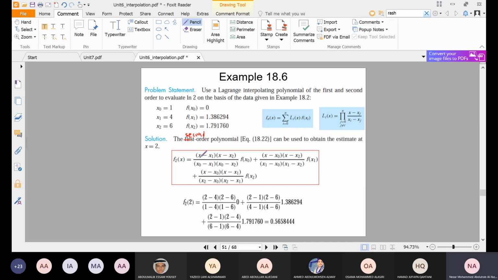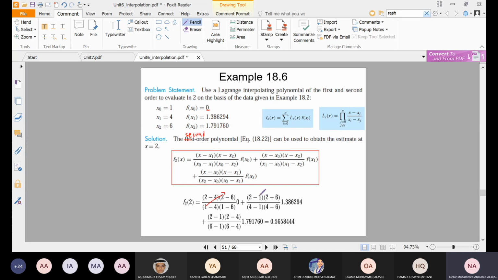So again here, I have the value of x, which is 2 minus x1, which is 4, multiplied by 2 minus x2, which is 6, over x0, which is 1, minus x1, which is 4, multiplied by x0, which is 1, minus x2, which is 6, multiplied by the function at x0, which is 0 here. So this will simplify everything. So this will go to 0.